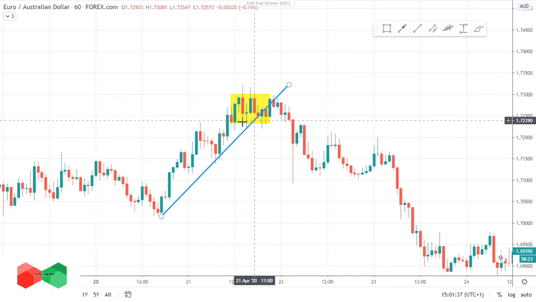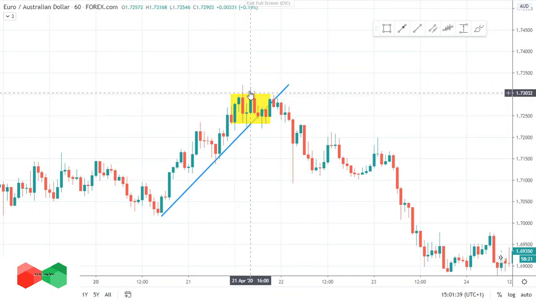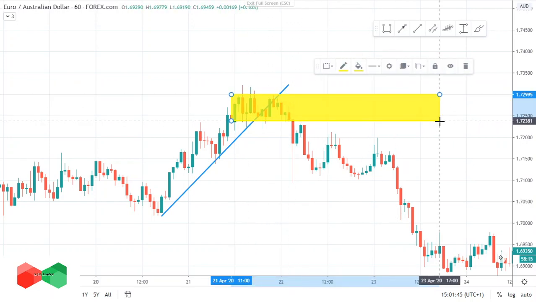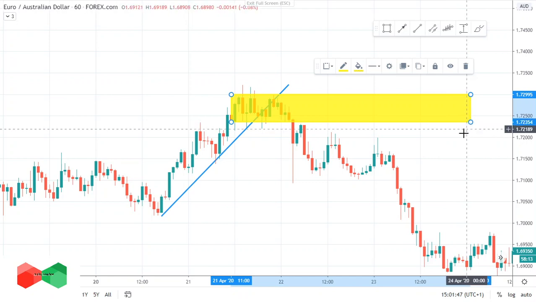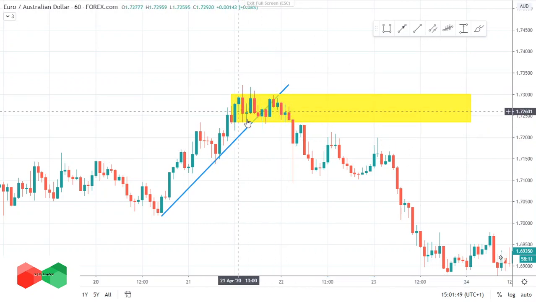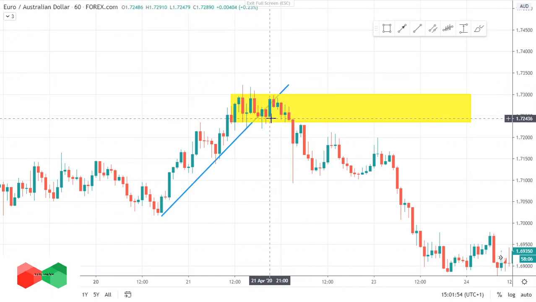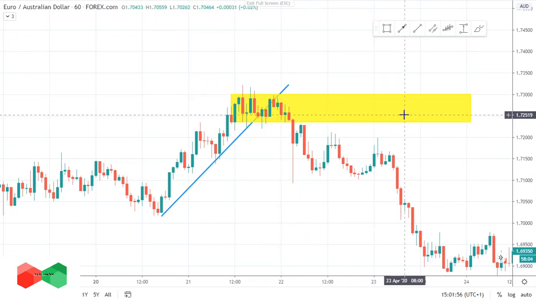You've got this big range of movement, up and down, up and down, consolidation, and then you box it up, and all you're going to do is drag this box across to the future, right? That is your consolidation box. Originally it was just up to about here, right? But then all you're going to do is drag it out, your consolidation box.